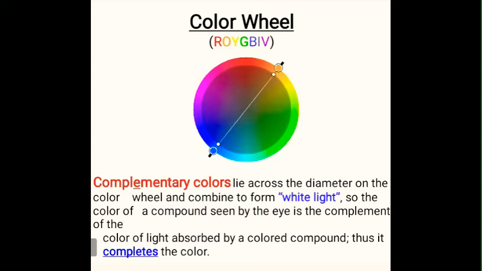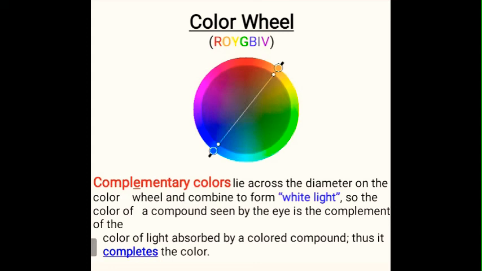On the screen you can see a color wheel; colors that lie across the diameter of the color wheel combine to form white light. So the color of a compound seen by the eye is the complement of the color of light absorbed by a colored compound, thus it completes the color.